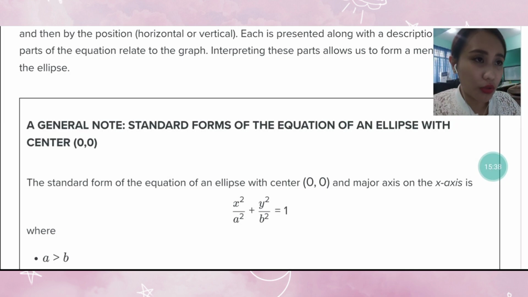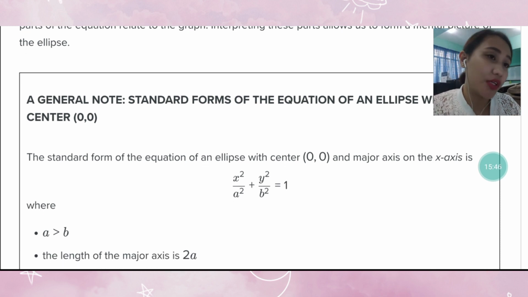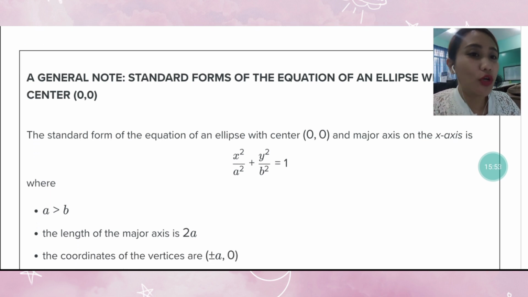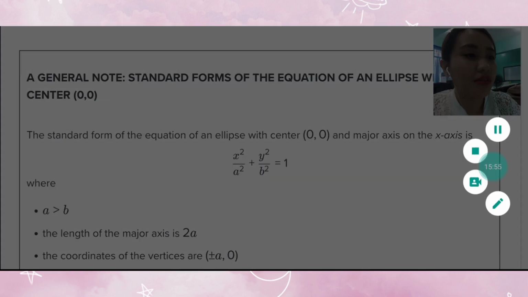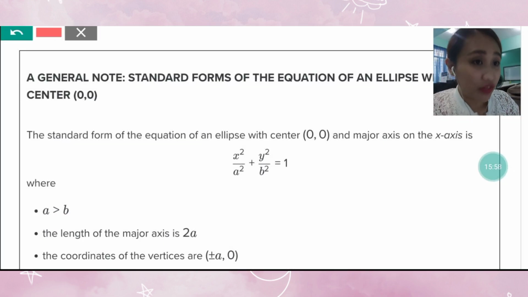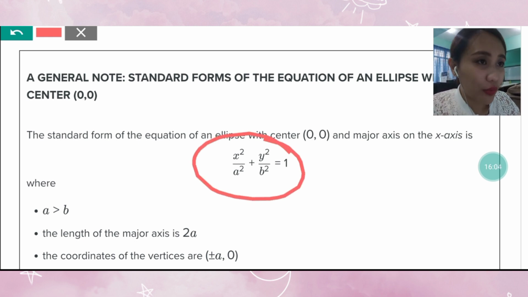So general note, standard forms of the equation of an ellipse with center 0, 0. These are the two types of equations of the ellipse wherein the center is at the origin. The standard form of the equation of an ellipse with center 0, 0 and major axis on the x-axis is this equation: x squared over a squared plus y squared over b squared is equal to 1.